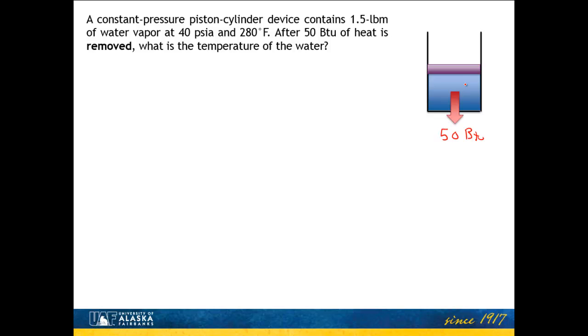So my energy balance is going to be m(U2 minus U1) equal to Q, and at this point I'm going to be adding plus Wb because work is going to be done on the system. And this is going to actually be a minus Q because heat's going to be leaving the system. So this whole thing is just going to end up being flipped in terms of the direction.